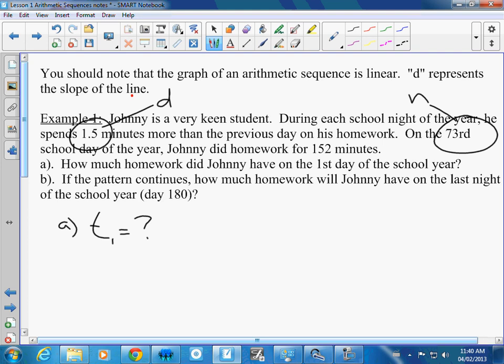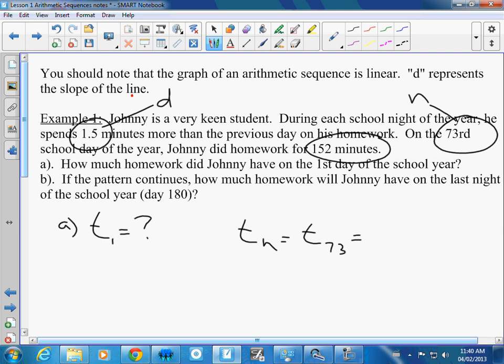No, we're looking for T1. Tn. Okay. Now think about this for a minute. We're talking basically that's the Tn, but really which term is that? What did we just say n was? 73. So what is the 73rd term?